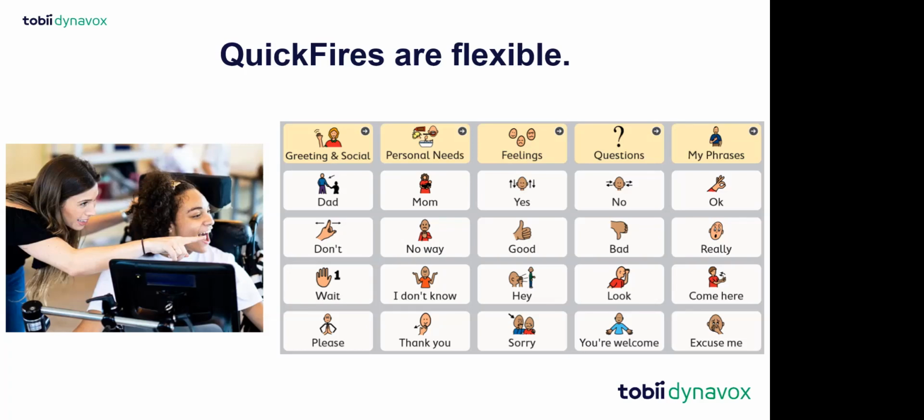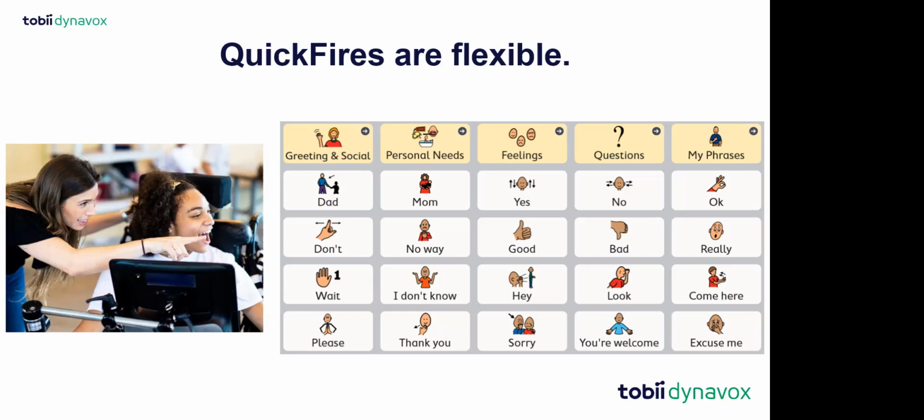And so going back to what we talked about at the very beginning of our session today, quickfires are those phrase-based or those kind of scripted phrases that we say regularly, thinking about how do I let my communication partner know I'm engaged with them in the conversation. I make comments, right? Even just a simple, yes, yeah, to keep that conversation going, letting them know that I am participating.